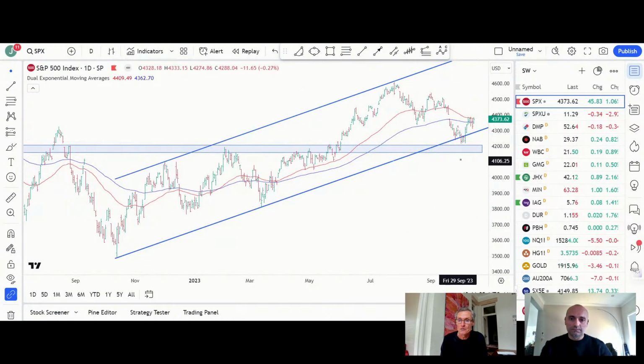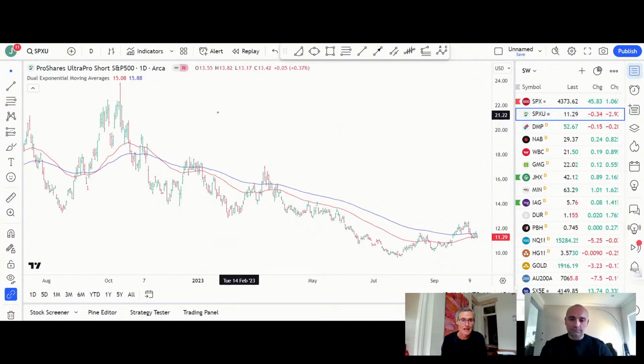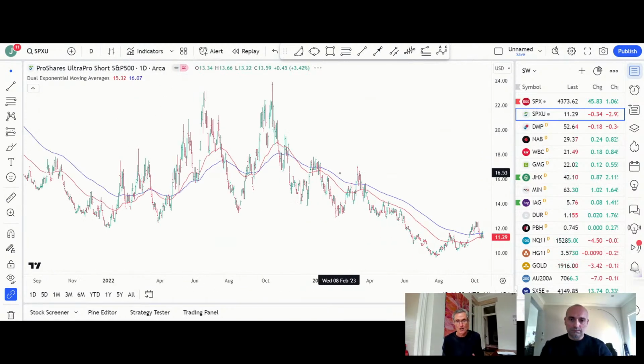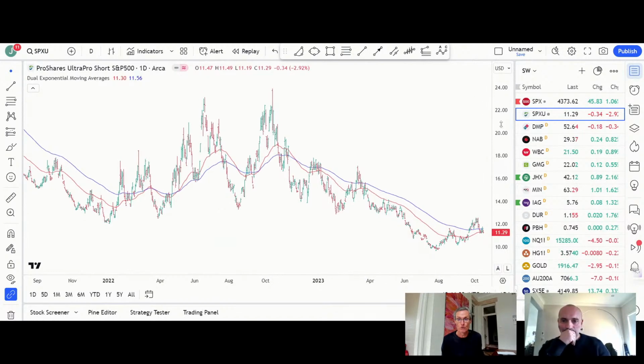Another way to look at this is, I'm going to show you another chart. This is an inverse ETF. It's US listed, the ProShares Ultra Short S&P 500 ETF. The way this works, when the market sells off, the ETF goes up in price. So people will use this to hedge a portfolio or to speculate on the market falling.